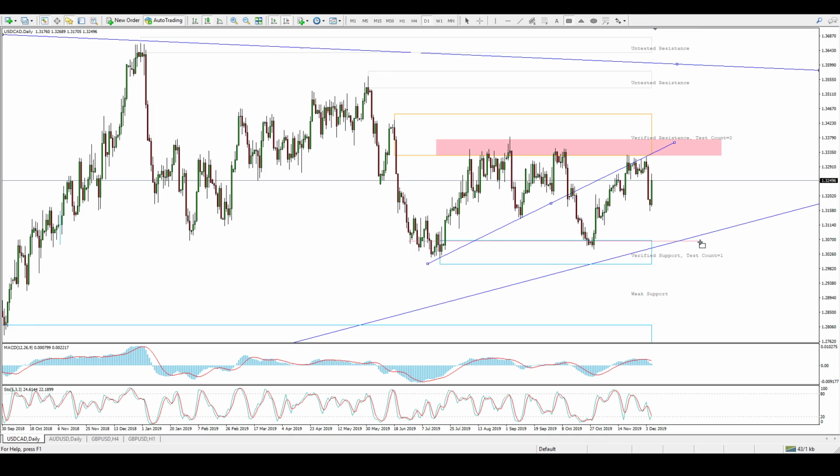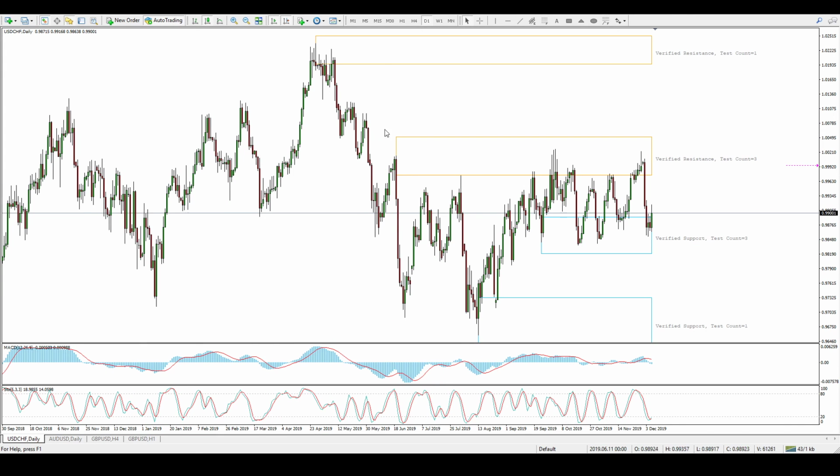We got a strong level here, and the price is between the two zones. So there is no go on this pair for me until it reaches either below here or above here. I'm sorry, it reaches this zone or this zone. Then I can decide if I want to be a buyer or a seller on this.